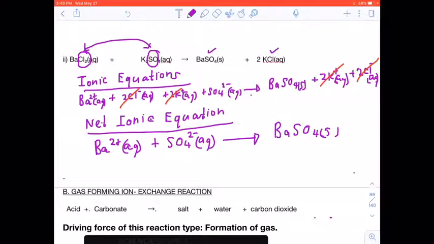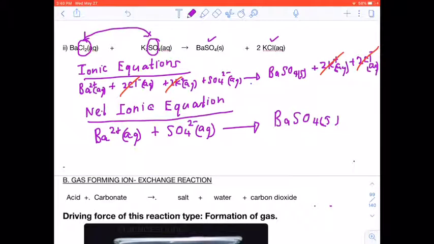But if we had another soluble barium salt, like for instance barium bromide, we could use it, because essentially the net ionic equation is telling us that if you have Ba2+ ions plus SO4 2- ions, you then get BaSO4.